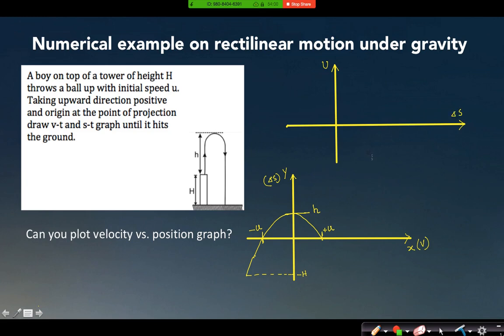And then how your graph will look like? Your graph should look like this. Yes or no? This is minus capital H. This is minus capital H. It is plus small h. It is plus u. It is minus u. Have you understood this solution?